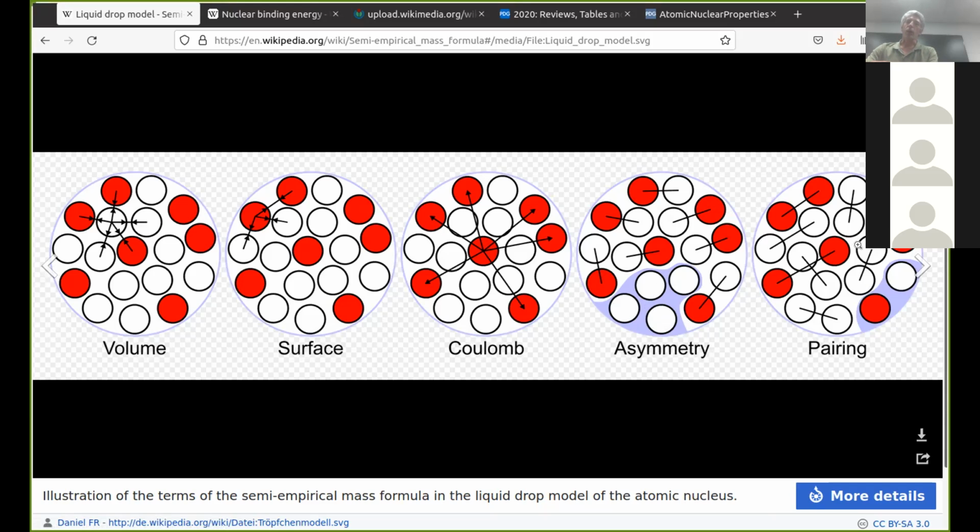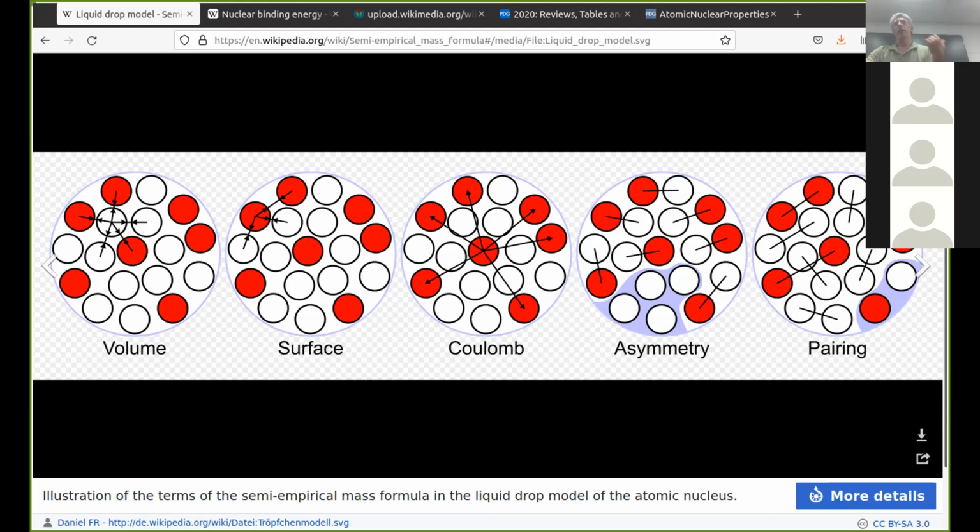And then furthermore, there's a pairing term just because of the spin interaction. 2 protons like to pair up and 2 neutrons like to pair up. And so I can have even-even nuclei where all the protons have a partner and all the neutrons have a partner.